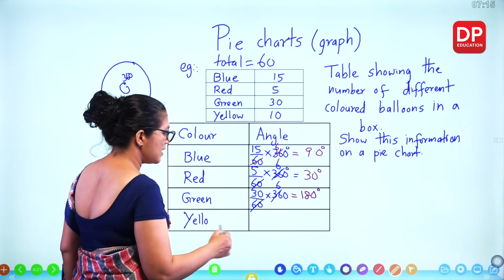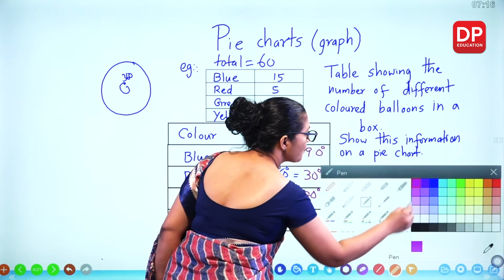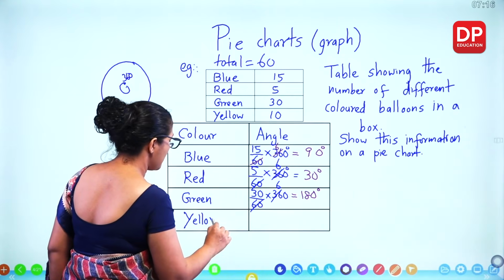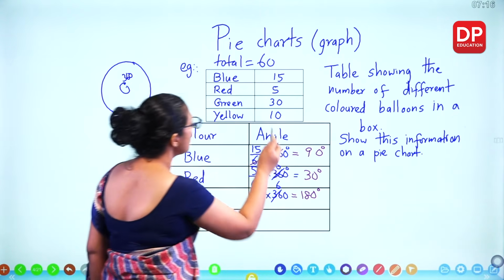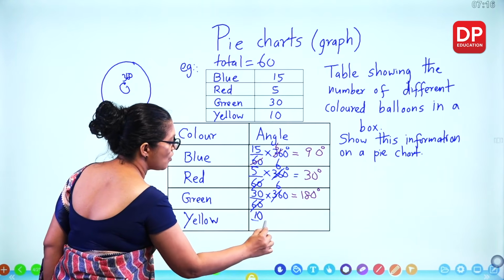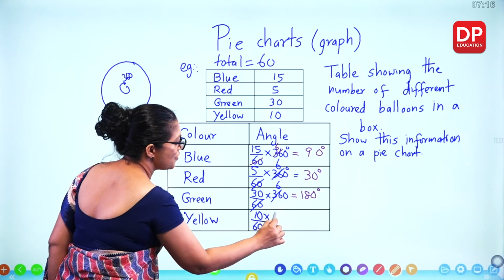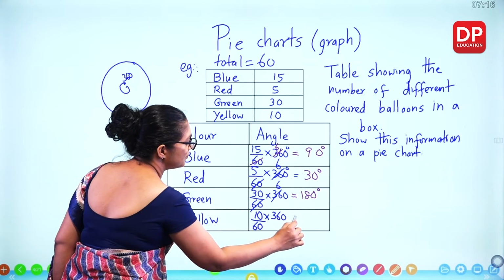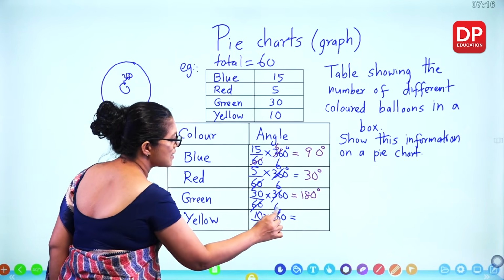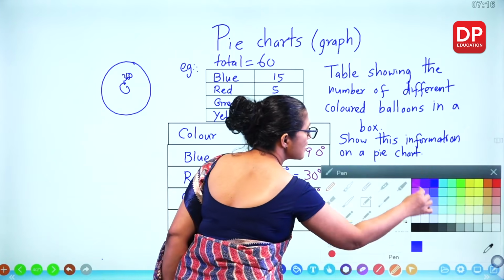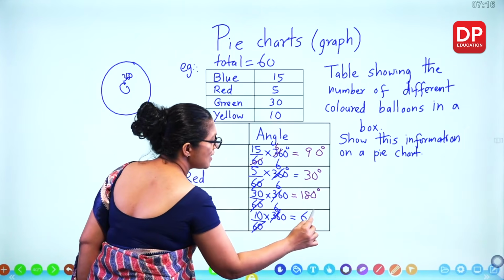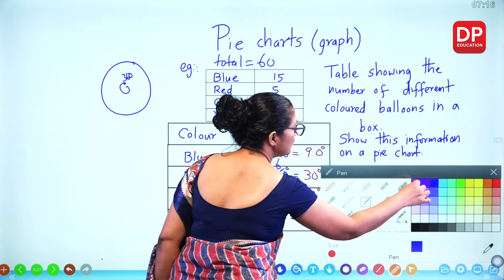What about the yellow ones? So yellow ones, how many? 10 out of 60 into 360. So 60 times 6, 10 times 6 is 60 degrees.